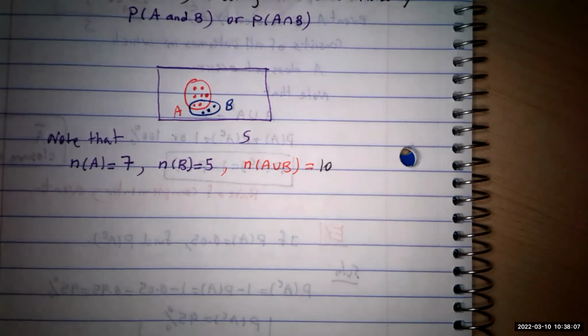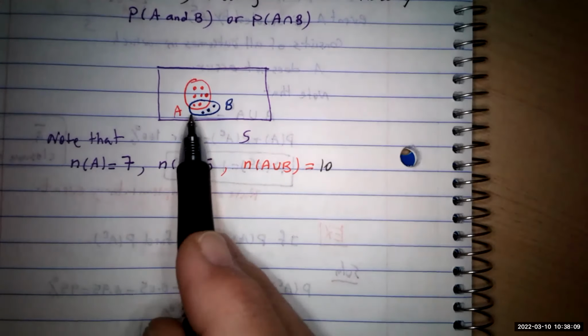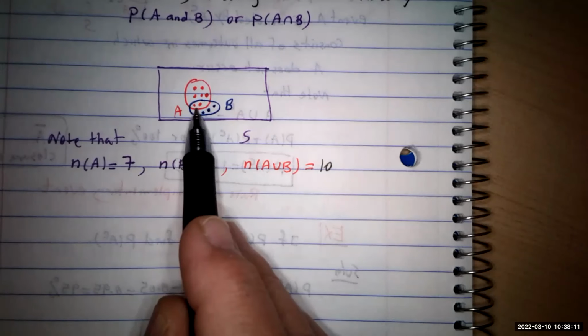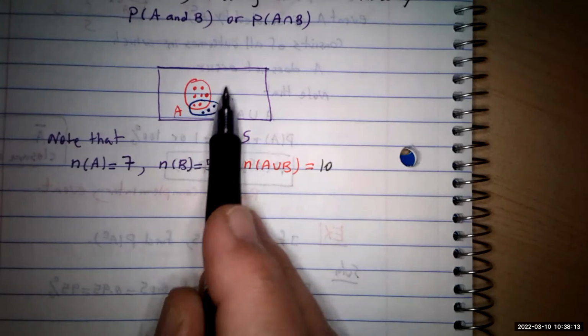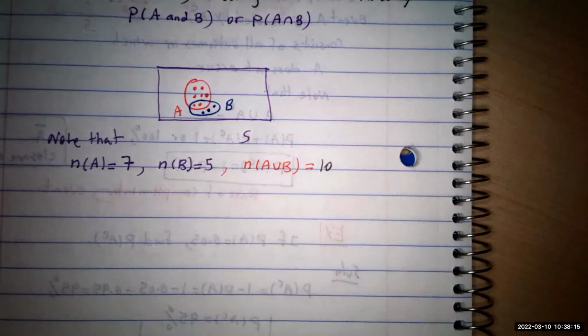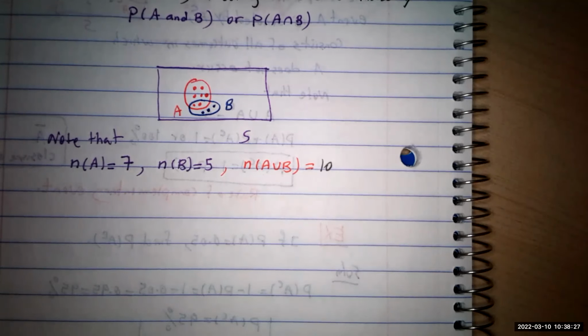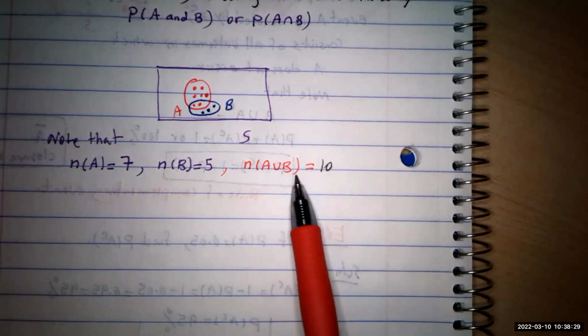The reason you said 12 is because you counted the red one twice. When you count the elements in both of them, you have to count each member once only. So no repetition. Any question? So that is the members in A or B.